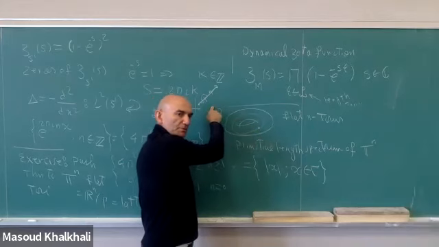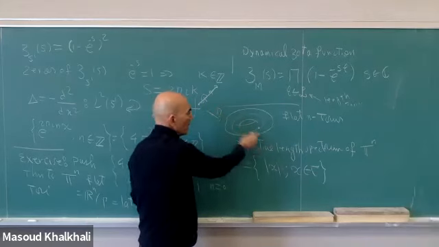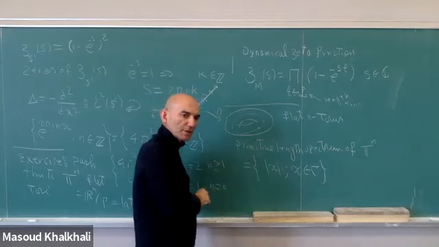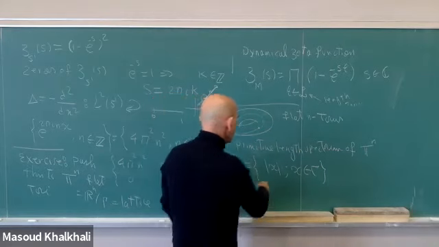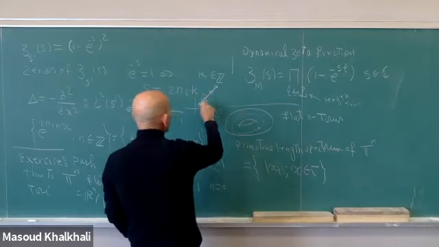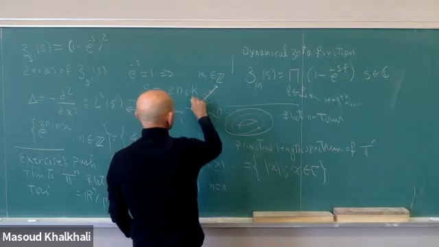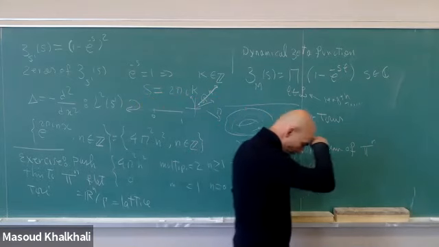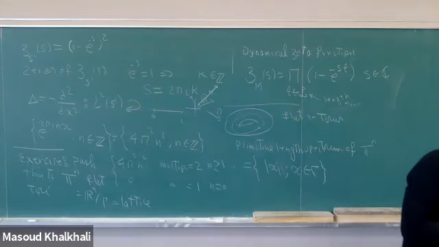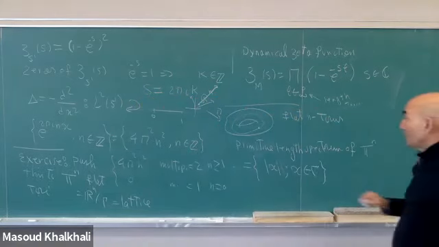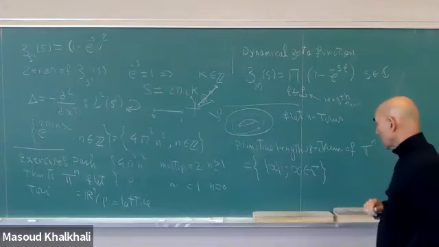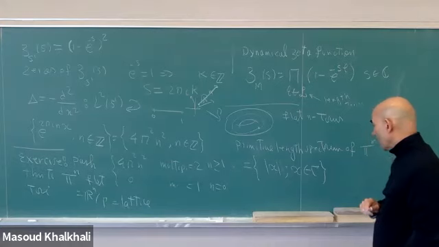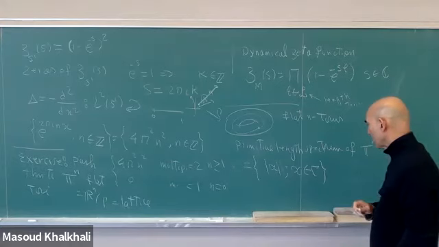So you get a correspondence between the lengths of lattice points in R^n and these primitive closed geodesics. Okay, so that's one gadget.